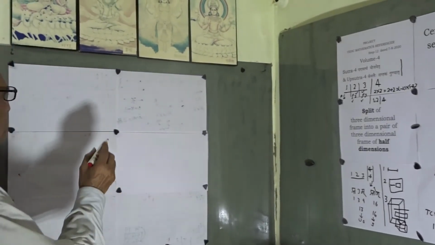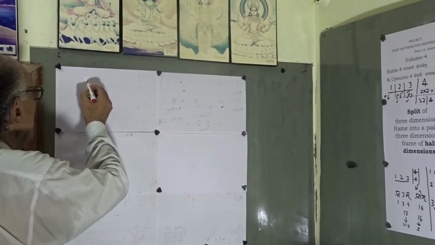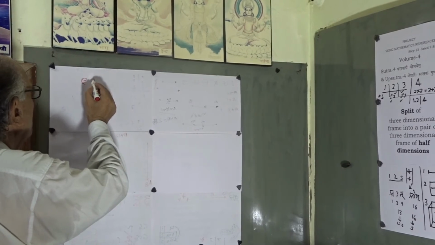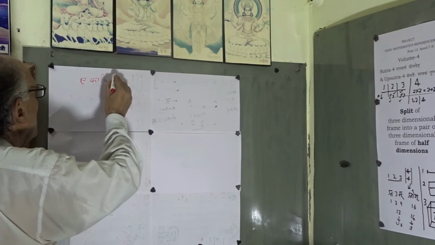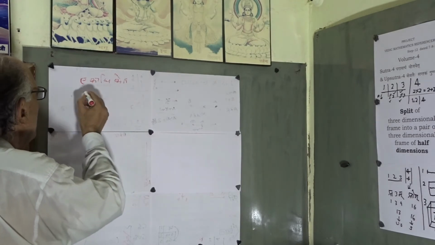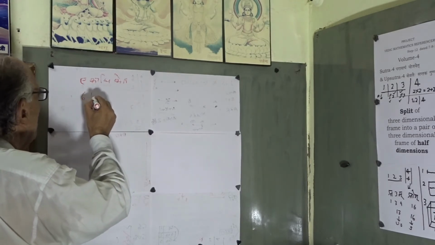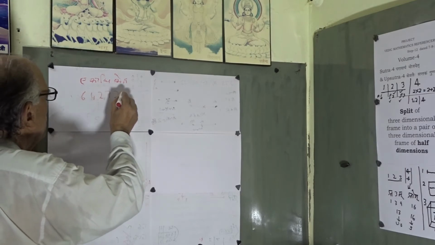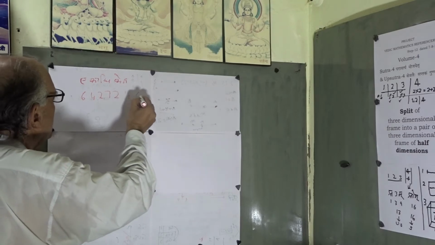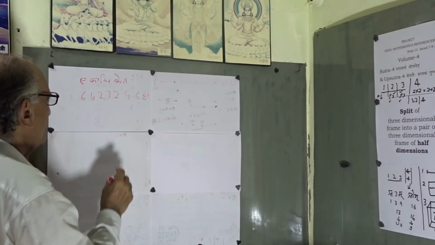Now let us see that Ekadhikain is leading us to values 6, 4, 2, 7, 2, 4, 6, 8 and 1.